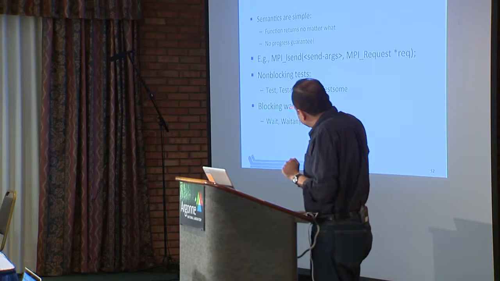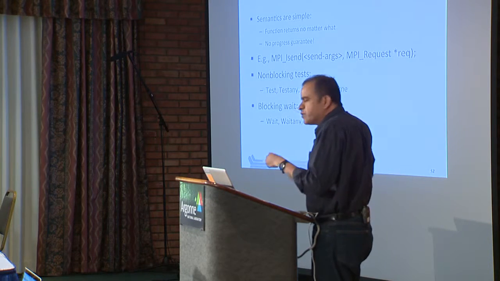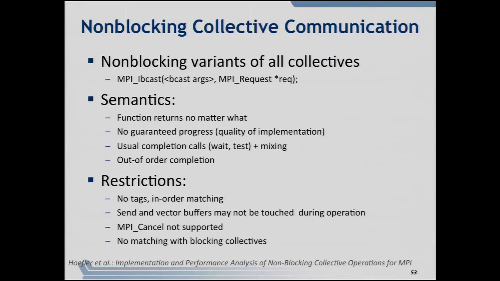As I said, this non-blocking collective communication rides on top of the existing mechanisms for non-blocking communication in MPI. So you can call any of the test or wait functions in the usual way. It passes the same type of request object, MPI request. So the semantics of non-blocking collectives are that the function will return. What does non-blocking mean in any case? There is no time guarantee. It doesn't mean that it will return instantly.